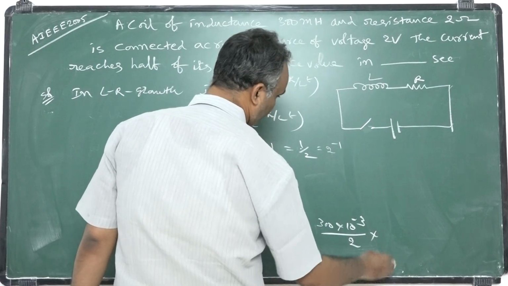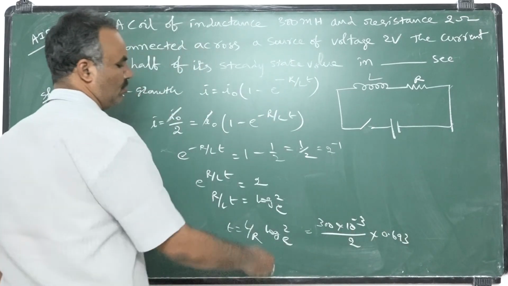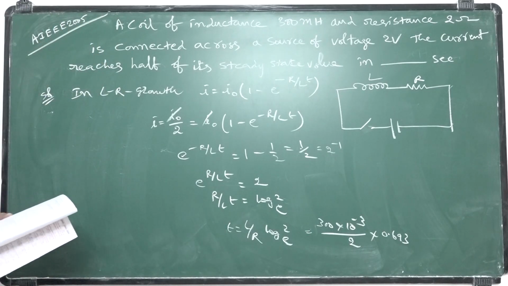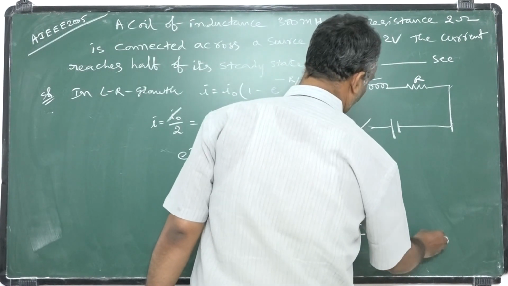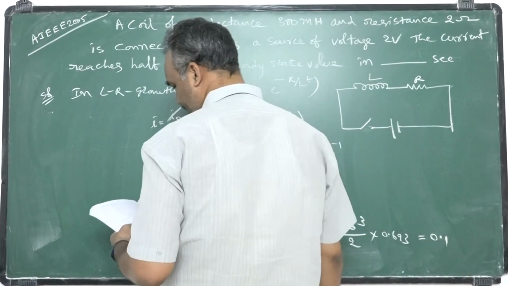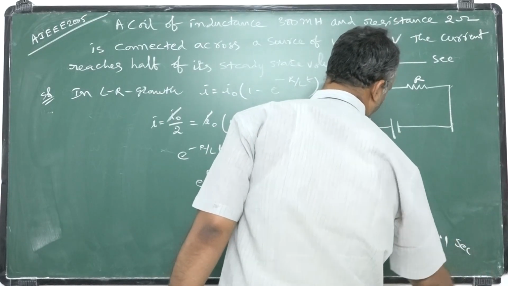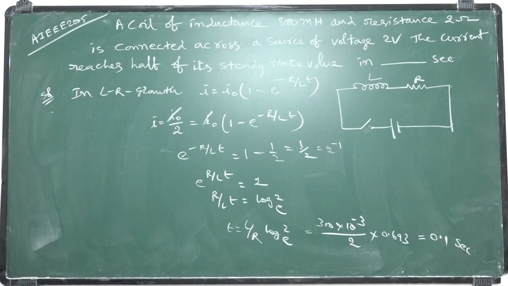Log 2 to the base e value is 0.693. This is a general value we know already. On simplification you will get 0.1 seconds as answer for this question approximately.